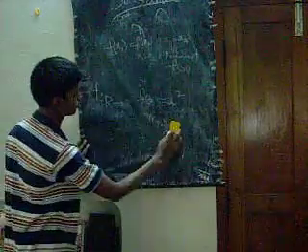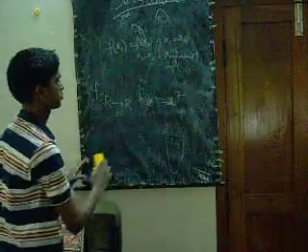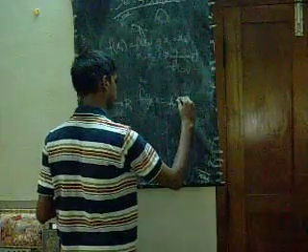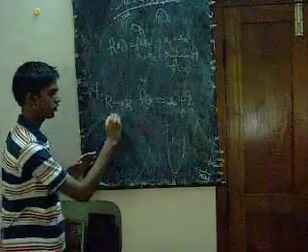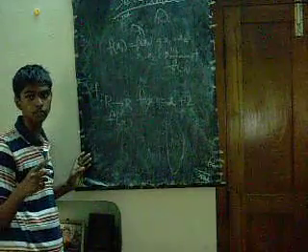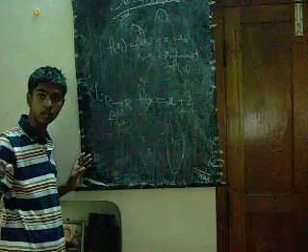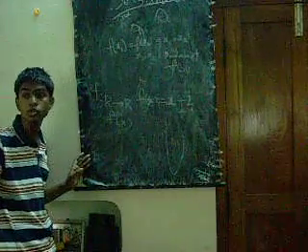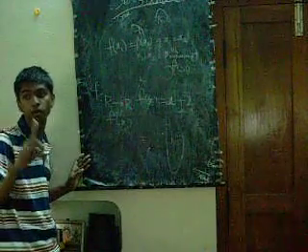Now let us see f of x equal to x plus 2. Same thing. Again remember, f of x1 equal to f of x2 implies x1 equal to x2 for x1, x2 belonging to the domain of f of x.